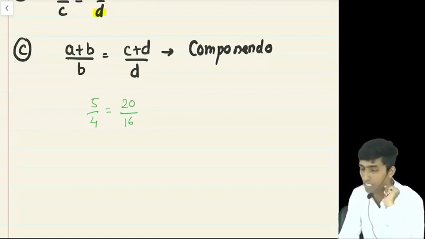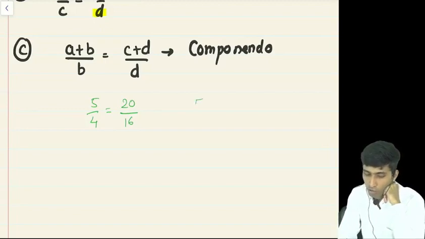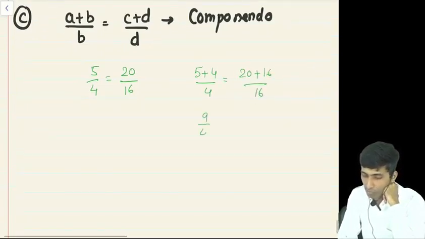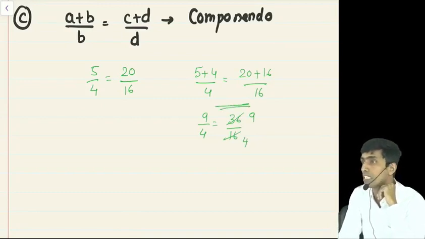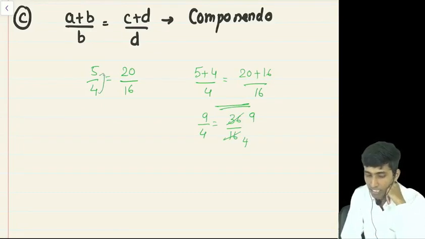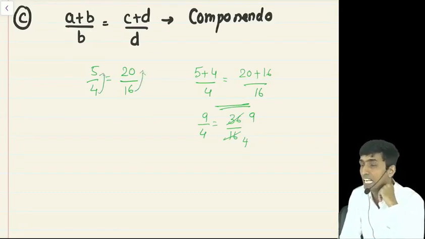So how will I apply componendo? 5 plus 4 upon 4 is equals to 20 plus 16 upon 16. Let us check. 9 by 4 is equals to 36 by 16. 4 9s are 36. Still they are in proportion. So we can add the denominator here. That property is called componendo.